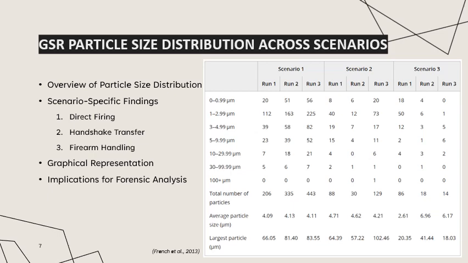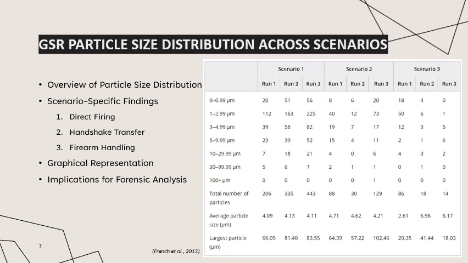So, the implications of the forensic analysis. The occurrence of the very large particle, a little over 102 micrometers, transferred in scenario 2, is a critical point for forensic considerations for sure. The presence of larger particles in secondary transfer scenarios can complicate forensic interpretations, because larger particles are typically expected only in primary gunshot residue deposits.